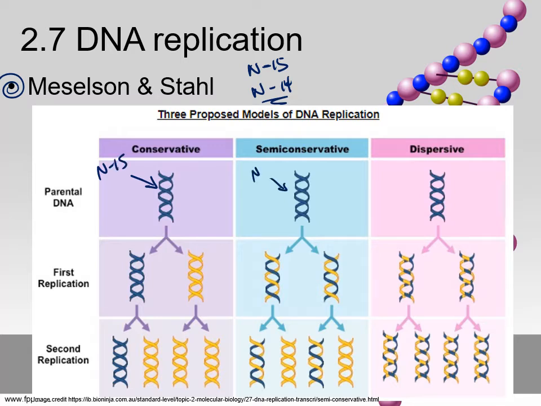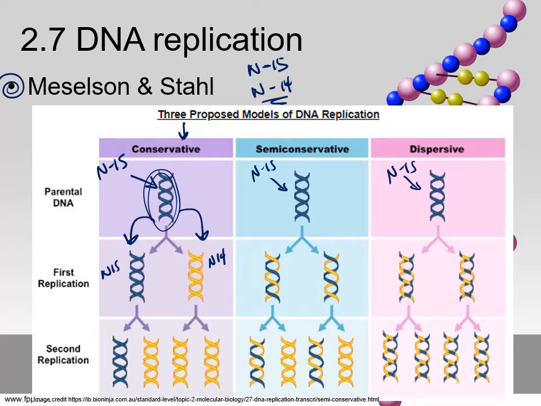So all these three different models are going to start with nitrogen-15, that heavier version of nitrogen in the DNA. If DNA replication is conservative, what will happen is that nitrogen-15 piece of DNA will stay exactly the same. It will be conserved. And our new copy of DNA will be made from the new nitrogen source, that nitrogen-14. So we'll have one piece that's all nitrogen-15 and one piece that's all nitrogen-14.